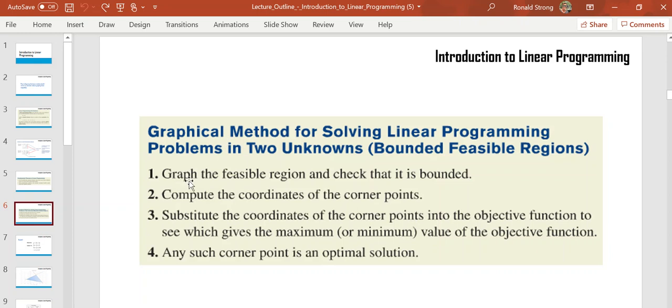So what we want to do is graph the feasible region and check that it is bounded, and I will explain what that means. Compute the coordinates of the corner points of that bounded feasible region. Substitute the coordinates of the corner points into the objective function to see which gives the maximum or minimum value, depending on what we're looking for. And any such corner point is an optimal solution. So you can come back to this slide.